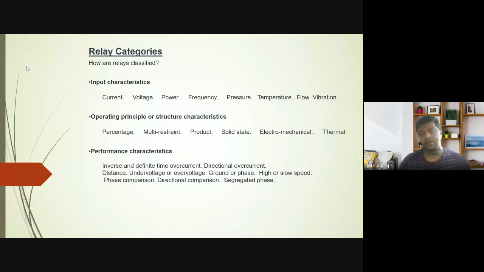In overcurrent in a numerical relay, there are also directional overcurrent and non-directional overcurrent. Wherever directional overcurrent protection is required, voltage-based inputs are required. Based upon undervoltage or overvoltage at fault, these performance characteristics are defined, and accordingly the relays are selected.